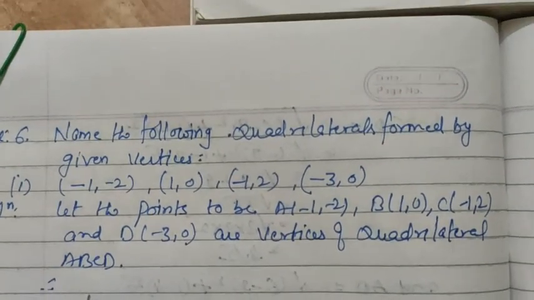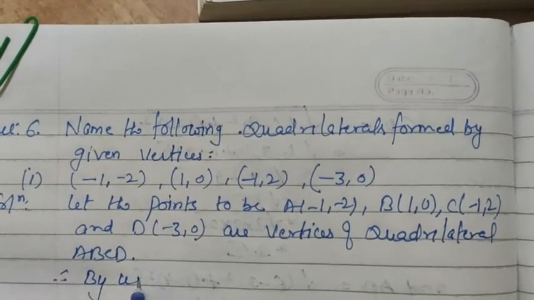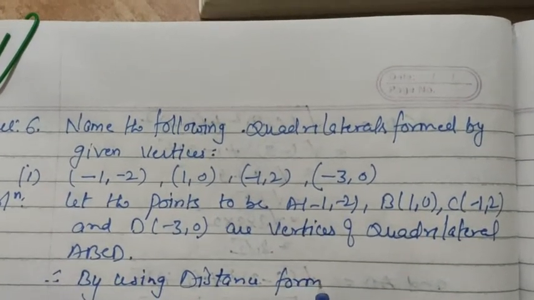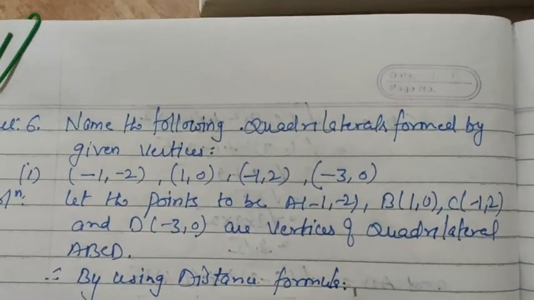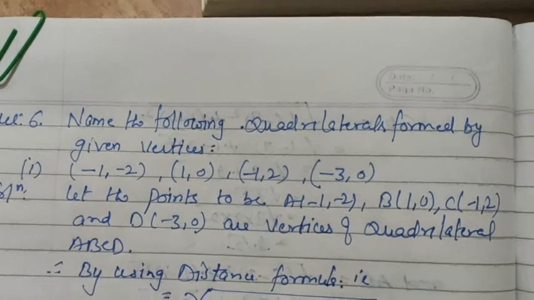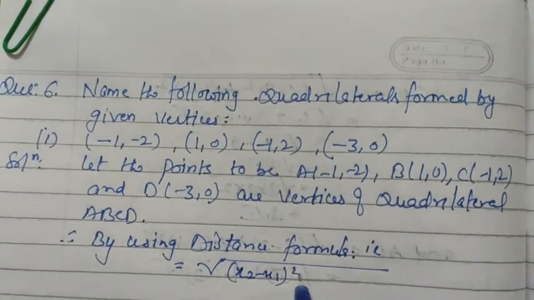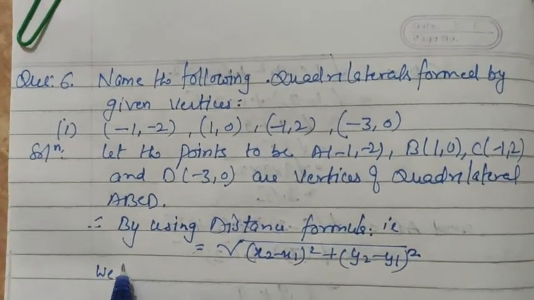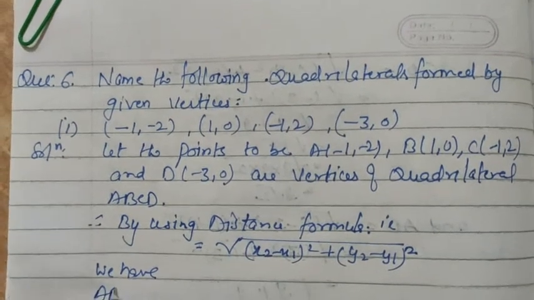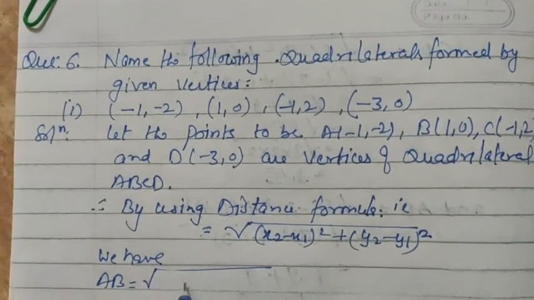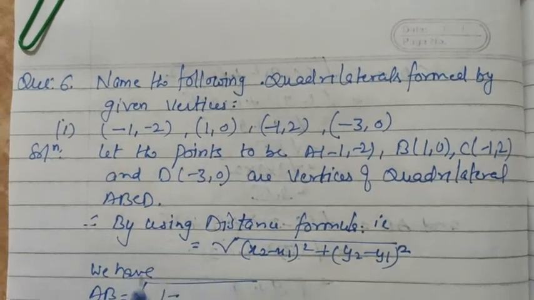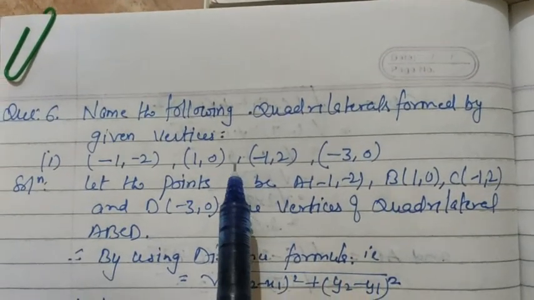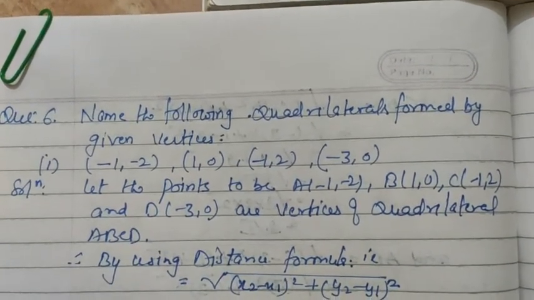So let's start. Therefore, by using the distance formula, that is under the root (x2 minus x1) square plus (y2 minus y1) square, we have AB as: x2 minus x1 square, so this will be (1 minus of minus 1) square, plus (0 minus of minus 2) square.